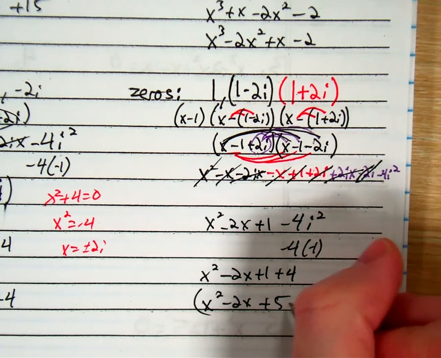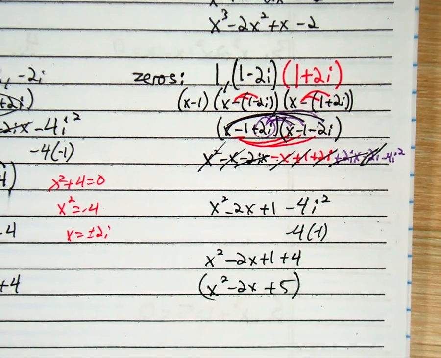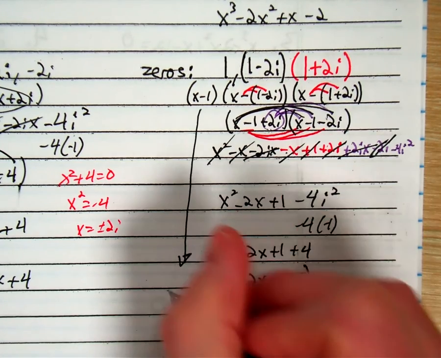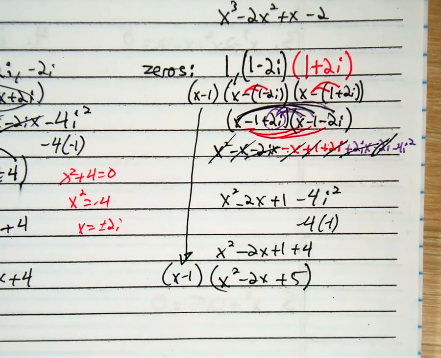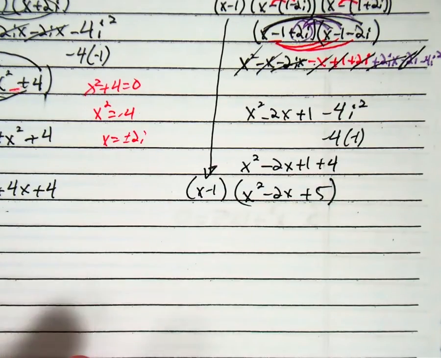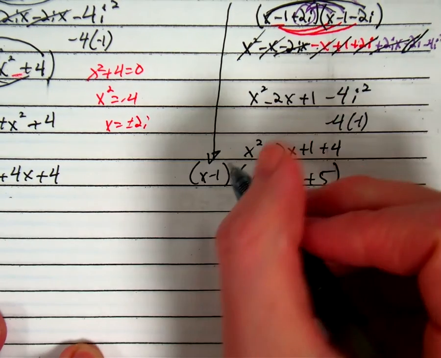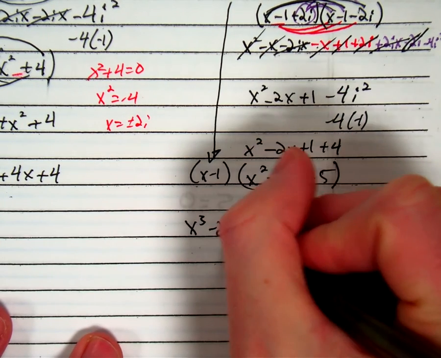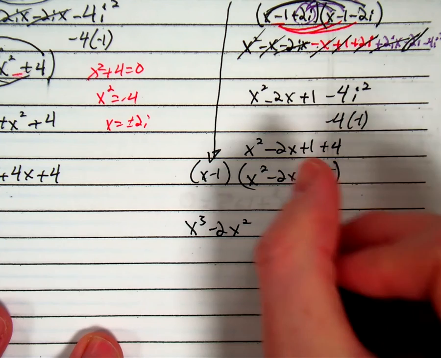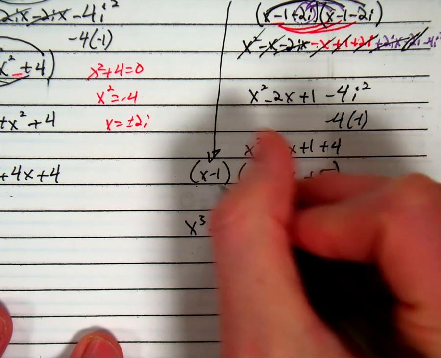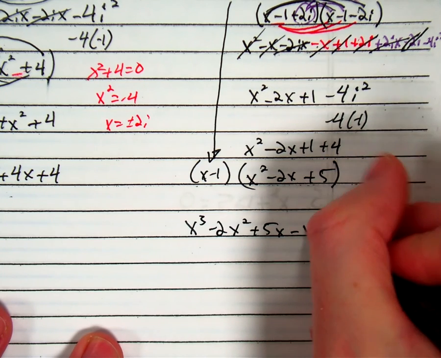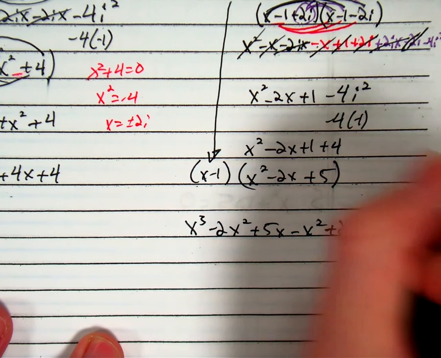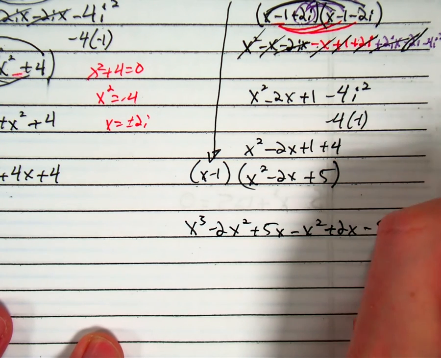After all that, we're tempted to call it a day. But we still have this x minus 1. Luckily for us, x minus 1 should go pretty quick. x times x squared, we got x cubed, minus 2x squared, plus 5x, minus 1x squared, negative times a negative is a positive 2x, negative times 5, we got minus 5.